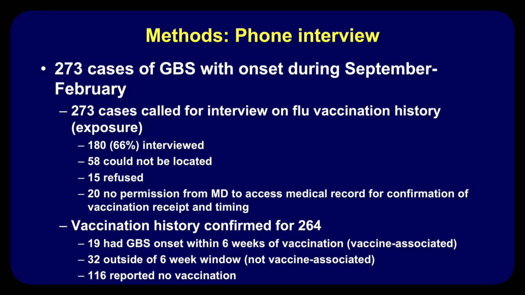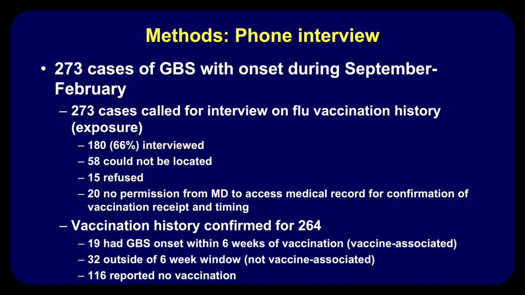We needed to get this information from the individuals themselves. And so we set out to do phone interviews with these 273 cases, and you can see the breakdown here of who we were able to interview. Not only that, we wanted to also confirm, for example, if someone said that they were vaccinated for the flu in those years, the timing of that flu vaccination and also confirm the receipt.